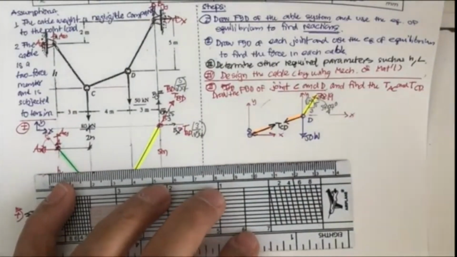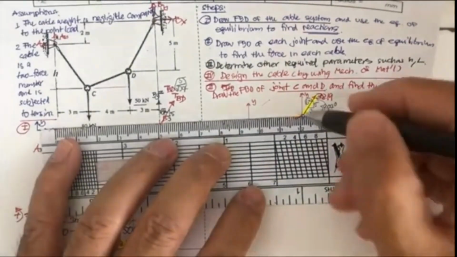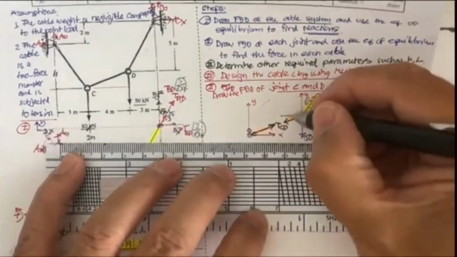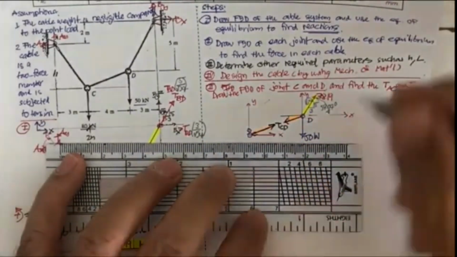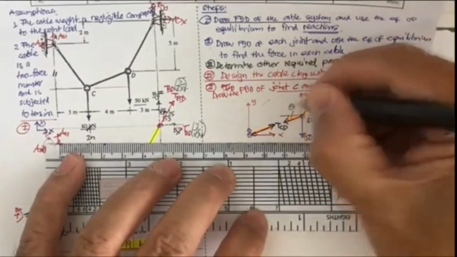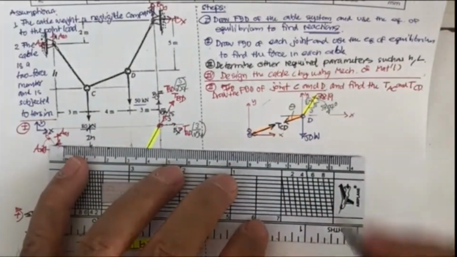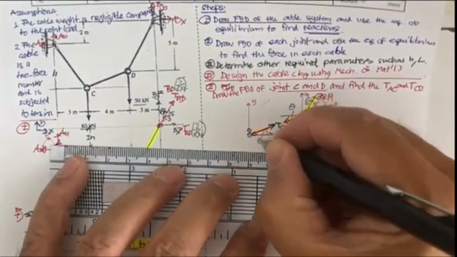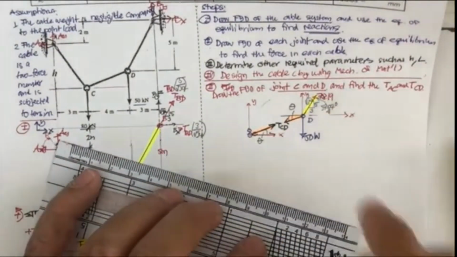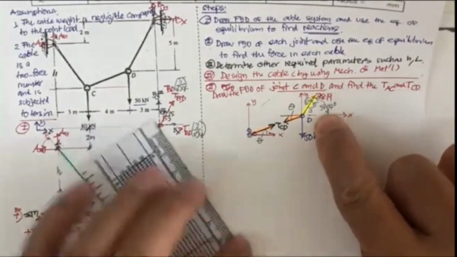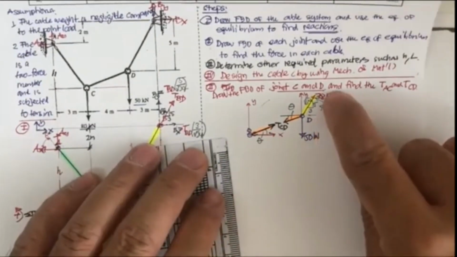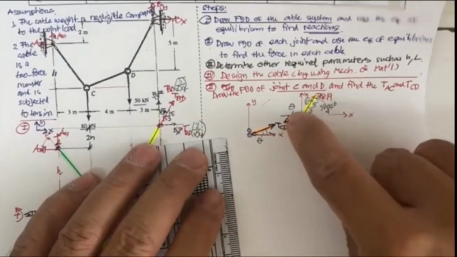And we don't know the angle between T sub CD and the horizontal line, so this is going to be theta. And if this is theta, this also to be theta. Okay, now we finish drawing the free body diagram of point D, the known force, the unknown force, and unknown angle.